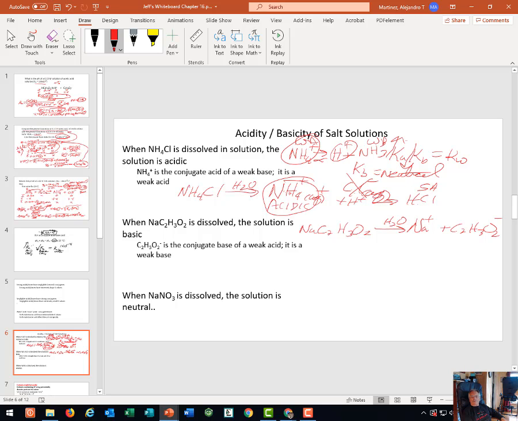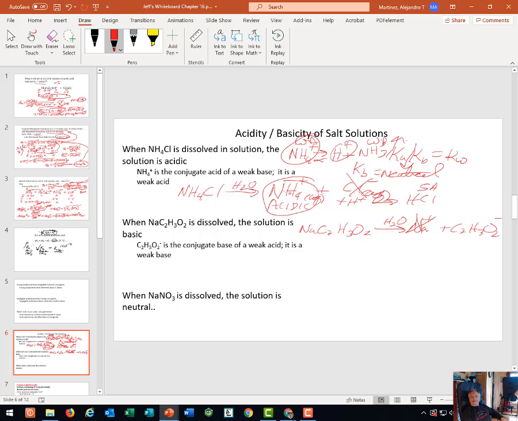Now, let's just take a look at the sodium cation first. Anytime you see a cation floating around in water, what you're asking is, is it acidic? Well, think about alkali metal cations. Alkali metal cations are always spectator ions in any of the metathesis reactions you did in Chem 1. They are unreactive. They're perfectly happy. They have noble gas electron configuration. So it's not going to affect the acidity of the solution at all.